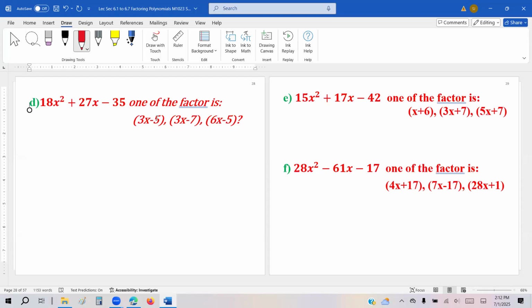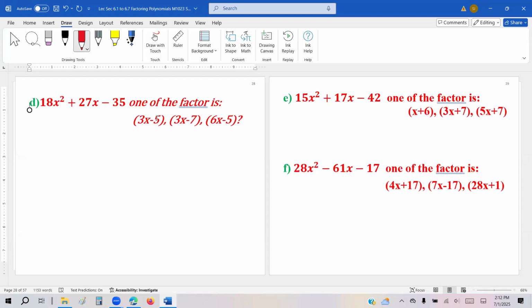This term is negative. One factor is negative. That's the middle term. It's positive. It's a smaller factor, it's a bigger factor, because a bigger number minus a smaller number is still positive.